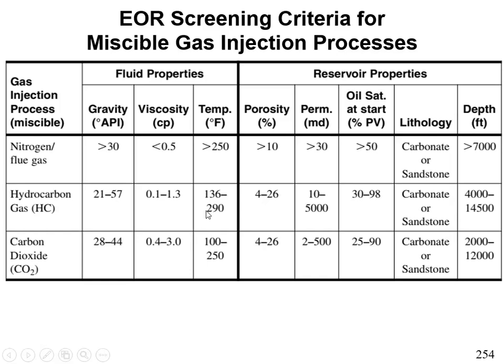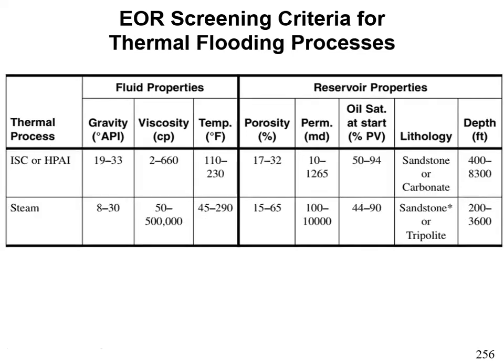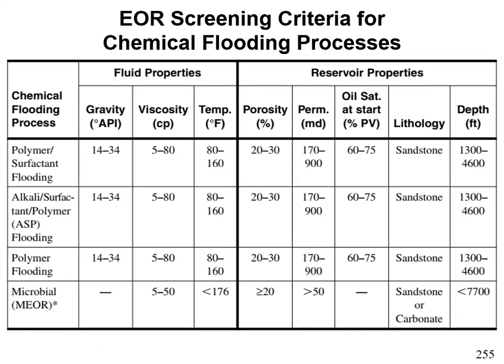This just gives you an idea of the methods that could be applicable to your own specific field case. And this is the same thing for a similar table for chemical flooding processes, and this for thermal flooding purposes. And you could always make reference to these tables later.